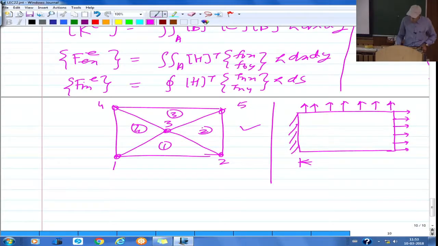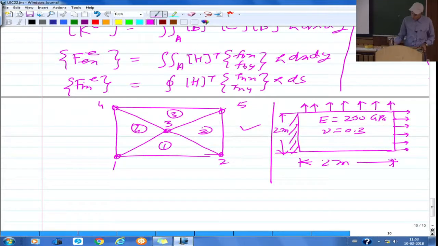The dimensions maybe you can take the same, this 2 meter, and this also say 2 meter, or 1 meter also you can take. Take the steel properties, so Young's modulus you can take 200 GPa, and Poisson's ratio nu as 0.3. This force you can take as 20 Newton per meter. That means it's only per unit length. Thickness is already multiplied here, and let us say on this side, this force is 10 Newton per meter.